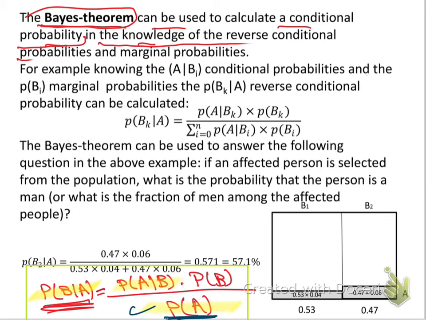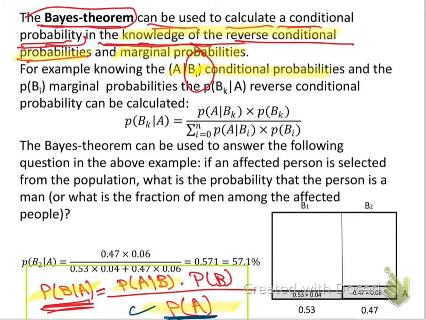So, Bayes' theorem can be used to calculate a conditional probability in the knowledge of the reverse conditional probability and the marginal probability, which is the probability of A or the probability of B, the one which is in the denominator. For example, knowing the probability of A given B, the conditional probability, always we take the probability of the last one.